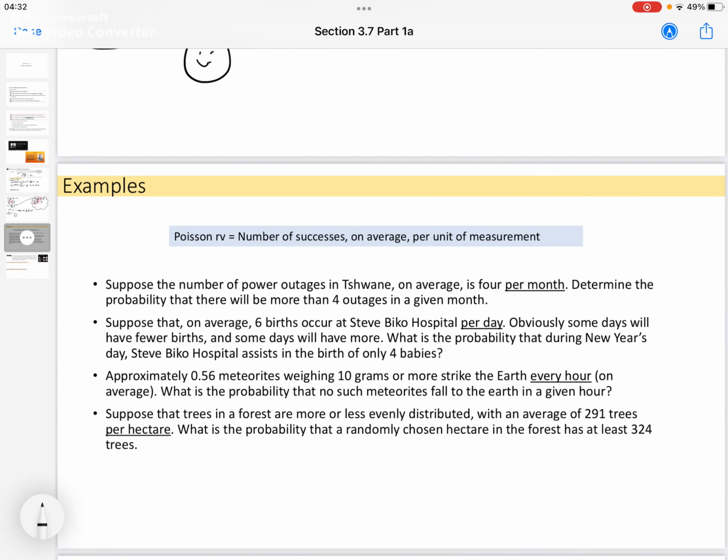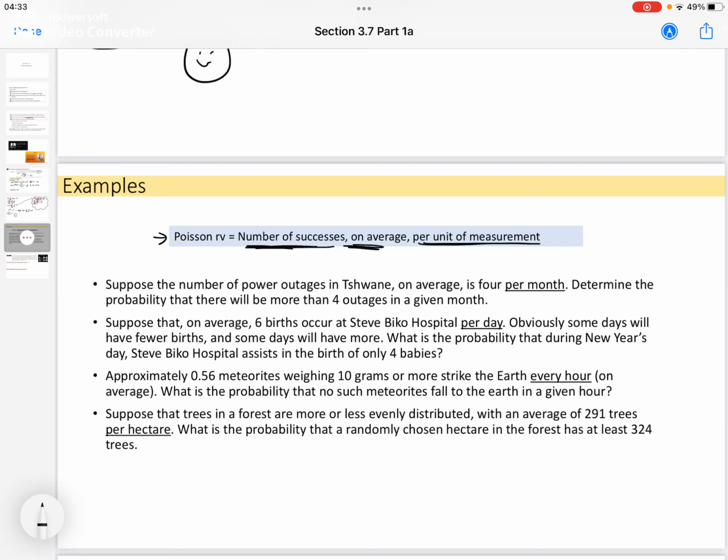Alright, so where is this distribution applied? It says there that a Poisson random variable denotes the number of successes on average per unit measurement. So the main aim of the Poisson distribution is to calculate the probability of a given number of events that would occur in a fixed interval of time or space, right?